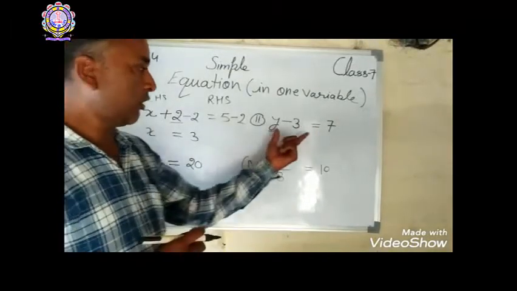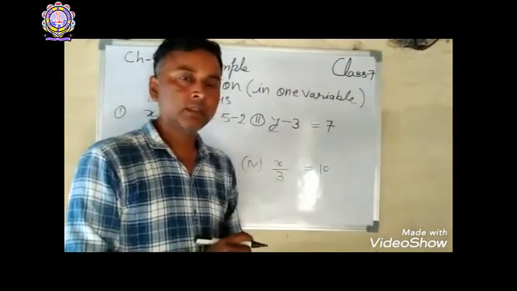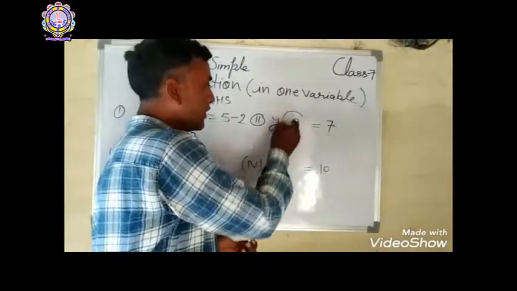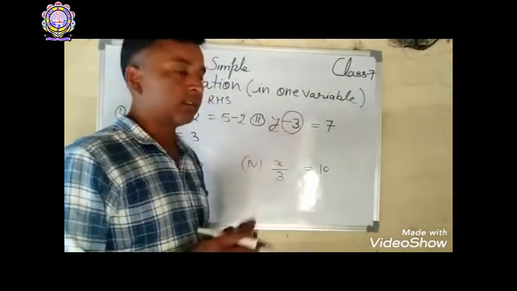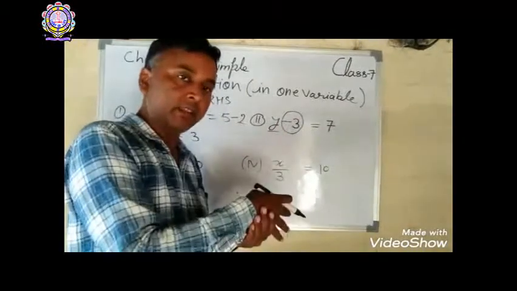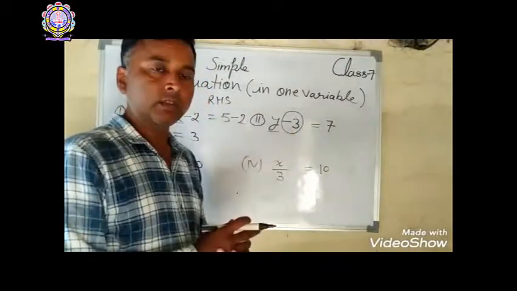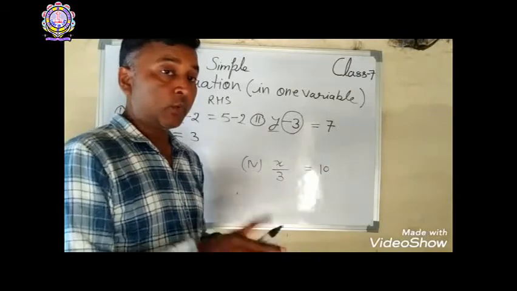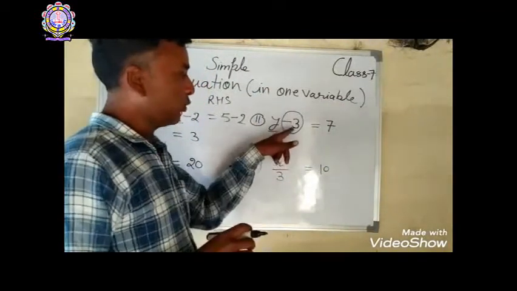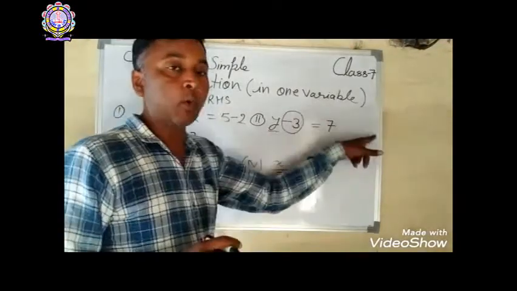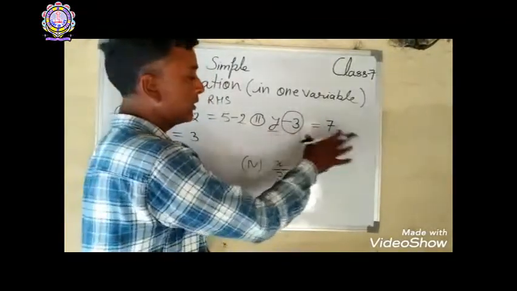Now check another equation. We want to remove this minus 3. If we add plus 3, then it is removed. It means we want to add the same grains on both sides. So we add 3 on both pans, or both sides.